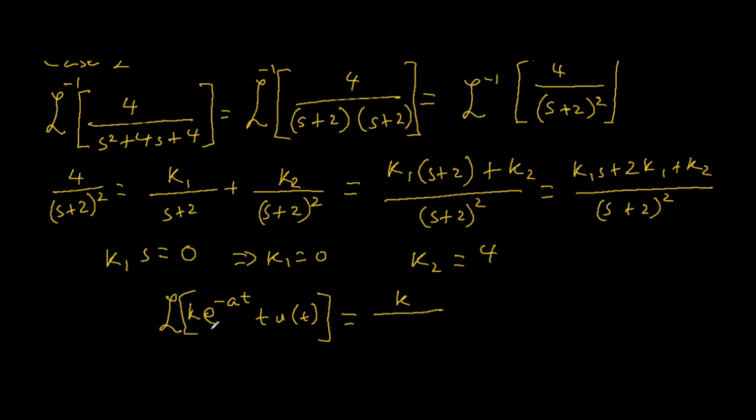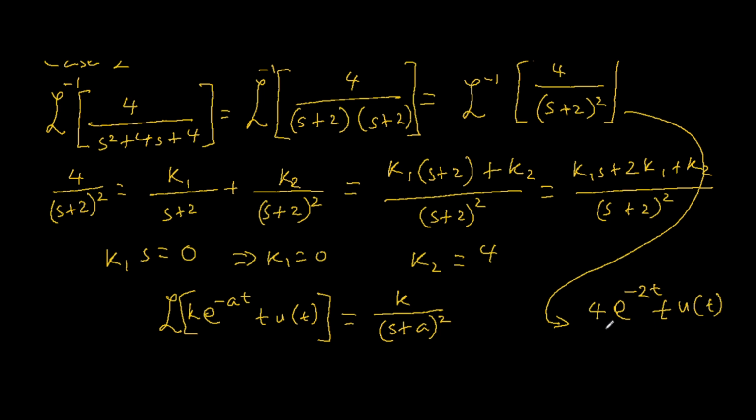But because you have e to the power minus a, what you have is s plus a squared. So k over s plus a squared is exactly what we have here. So the inverse Laplace transform of this simply ends up becoming k, which is 4, times e to the power of minus a, which is 2, so minus 2t, multiplied by t u of t.